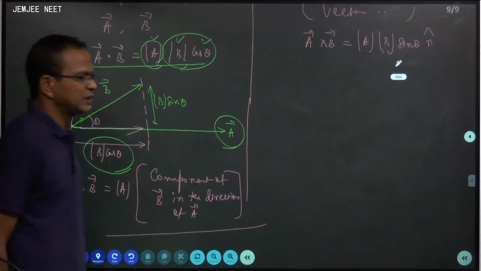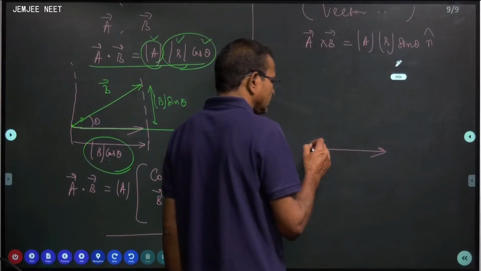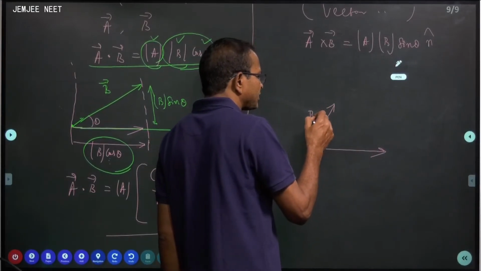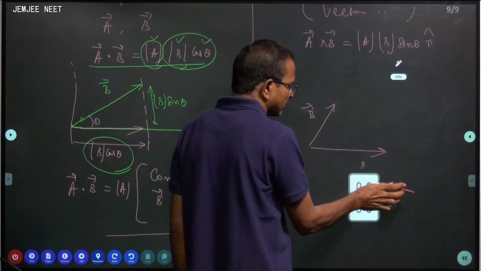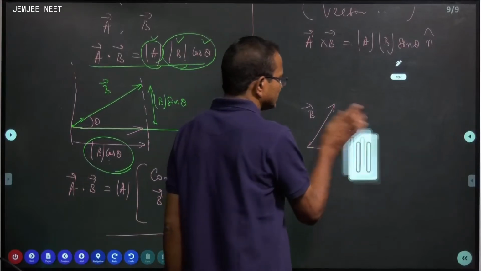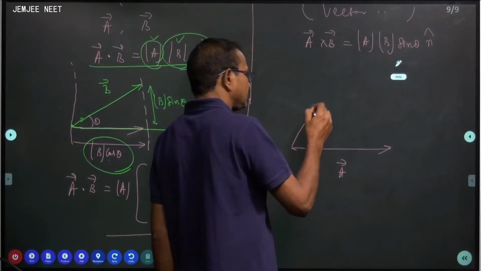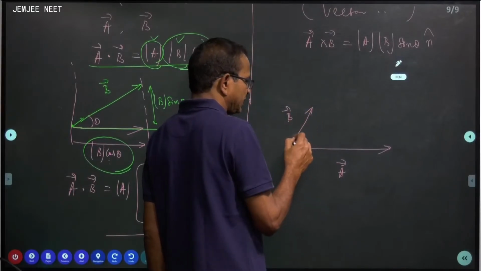Then what is cross product? Go back. This is A vector, this is B vector. This often comes in questions, particularly NEET questions, so watch it carefully. Let me draw a better diagram. This is A vector and this is B vector, with angle theta.